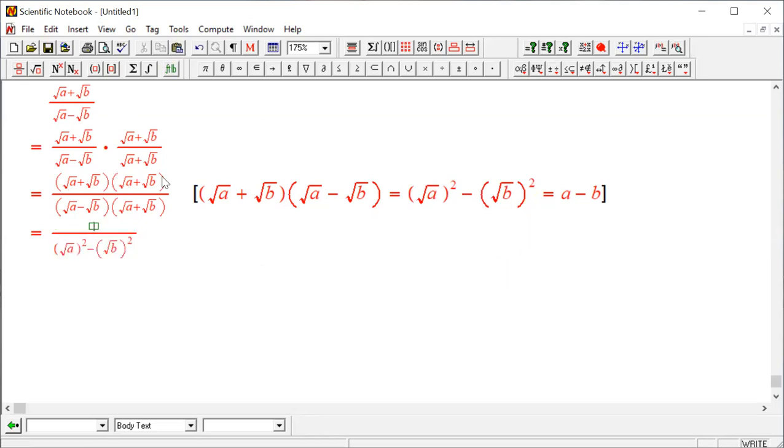The numerator, however, we haven't touched. The numerator is root A plus root B, multiplied by root A plus root B. So it's really just root A plus root B to the power 2, if you wish.